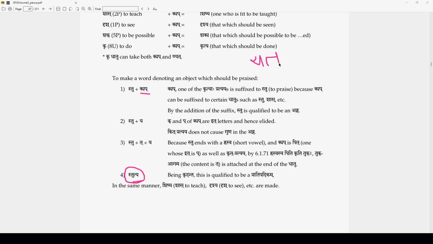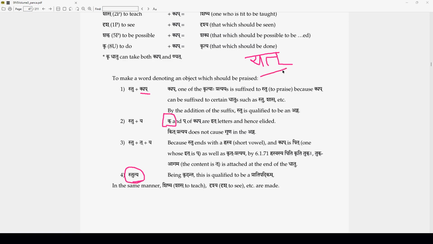It says do not add Yat, add Kyap. Why? Because you see in the second step, Ka and Pa are removed. Now what is the reason for adding Ka as the it letter?